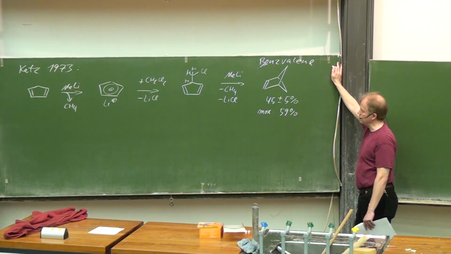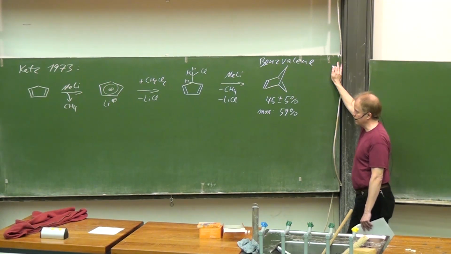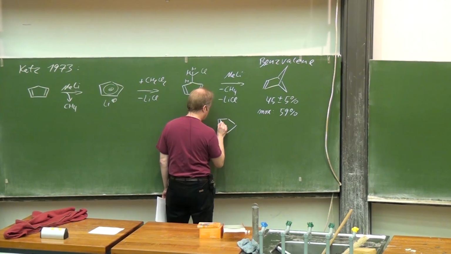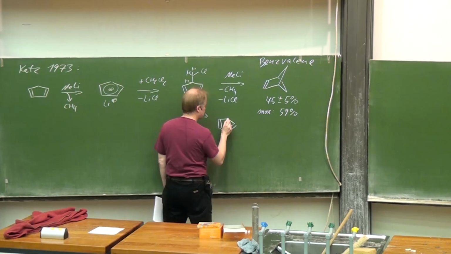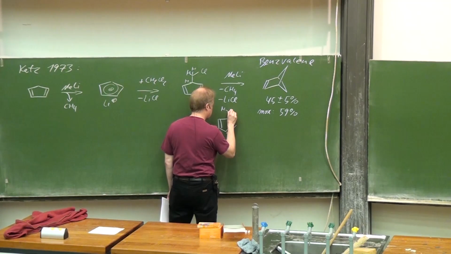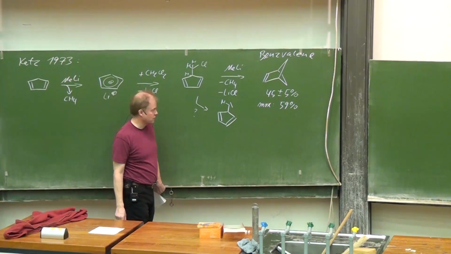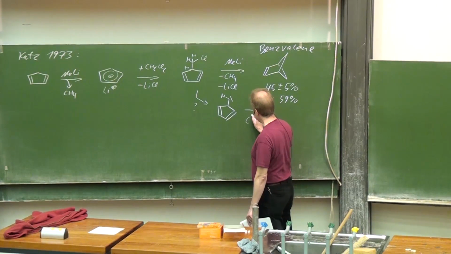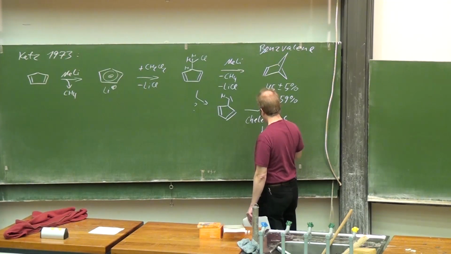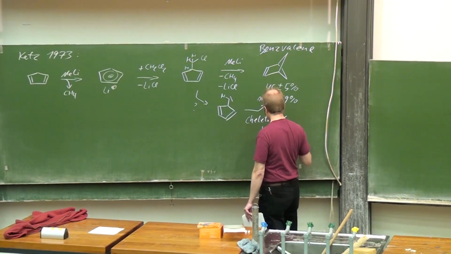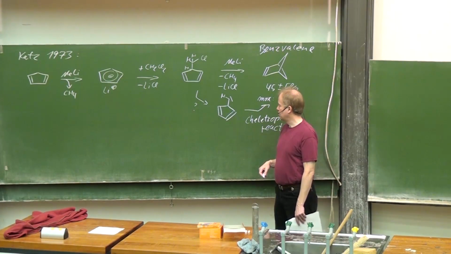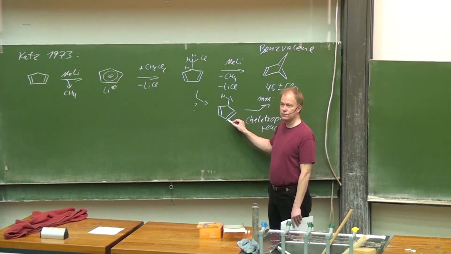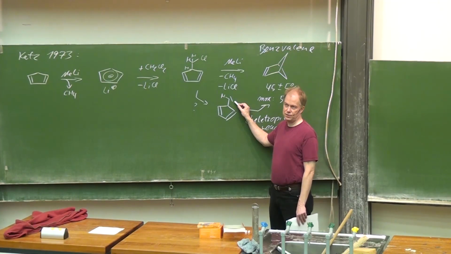And well, I think the best explanation might be that, whatsoever we get as an intermediate, this carbene and the carbene undergoing a cheletropic reaction which reminds us of a Diels-Alder reaction with this as the diene and that as the dienophile.